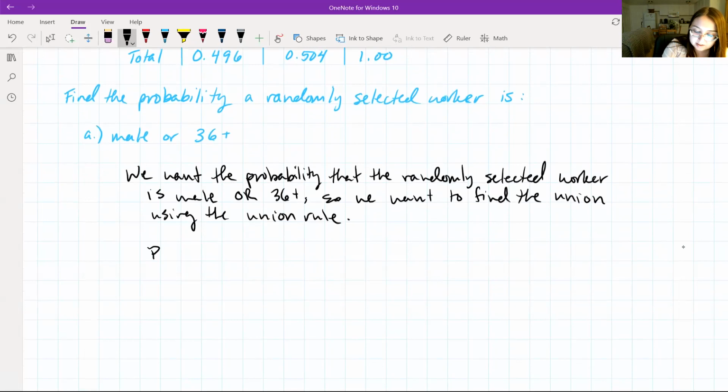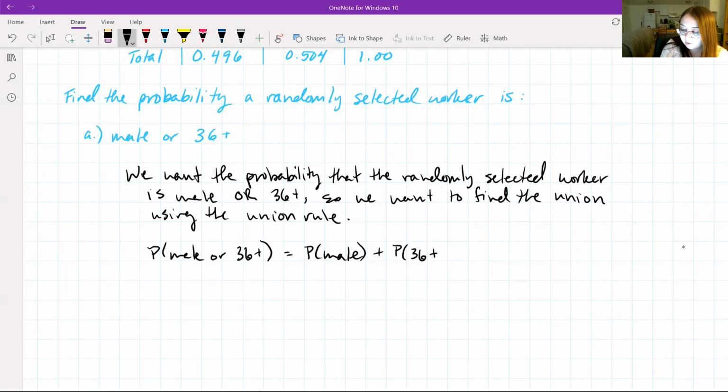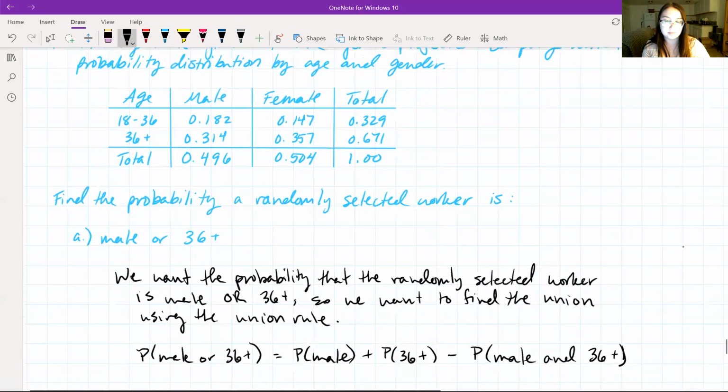So when we write this, we can say the probability male or 36 plus is equal to the probability our worker is male plus the probability our worker is over the age of 36, and then we're subtracting the probability that our worker is male and 36 plus. Now luckily we can find all of this information in our table.